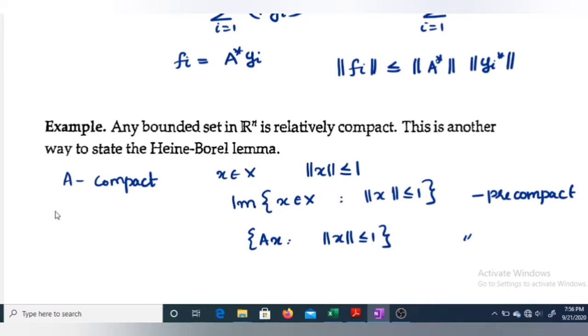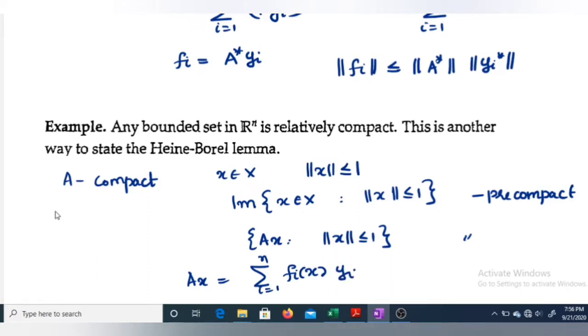Clearly the image set is a bounded set in a finite dimensional subspace, because Ax can be written as the sum of fi of x times yi.